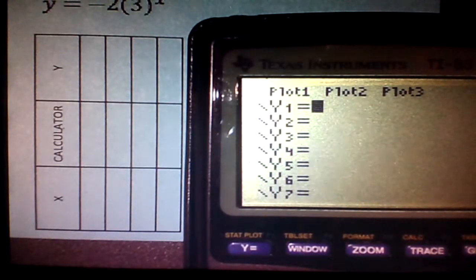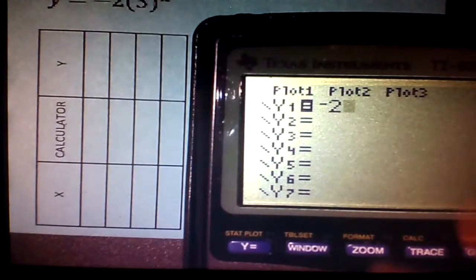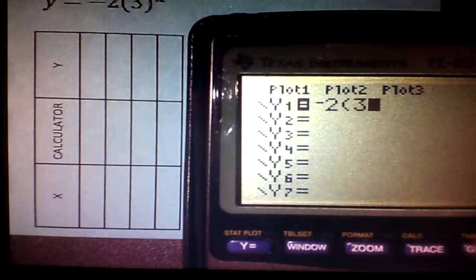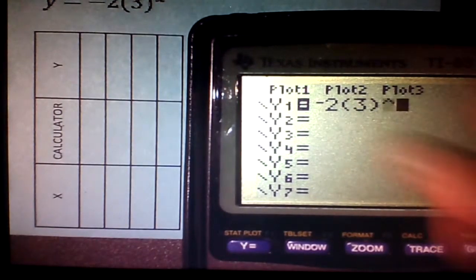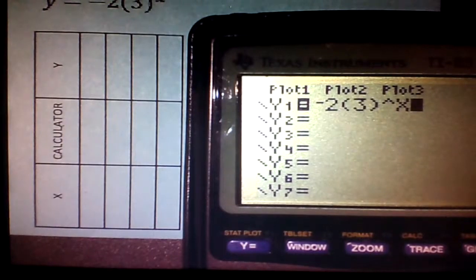Oh, that's a negative. Be careful with this one. It is a -2. You cannot put -2. You have to use the negative button, which is down at the bottom beside enter. So -2, parentheses, 3, close it, raised to the x.